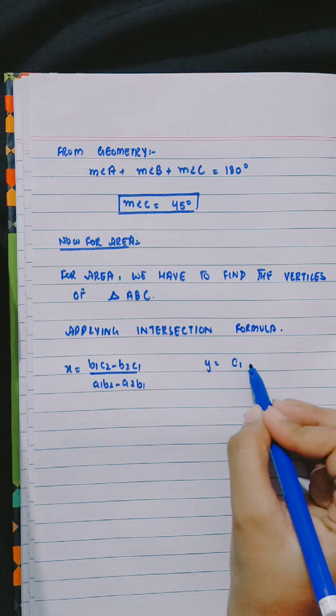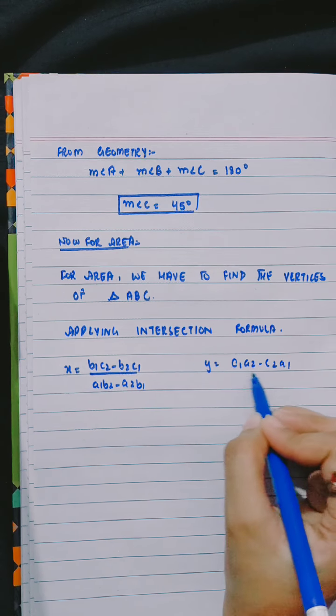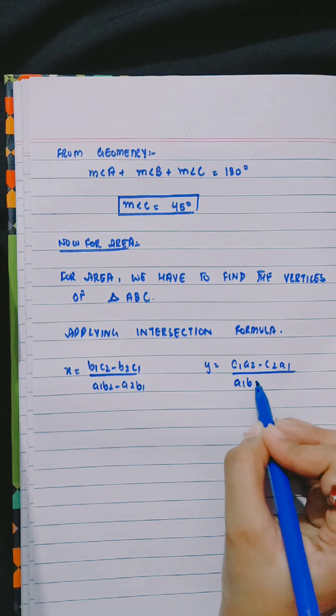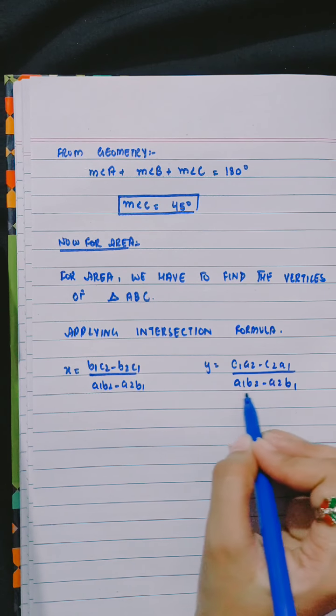Y is equals to c1 a2 minus c2 a1 divided by a1 b2 minus a2 b1.